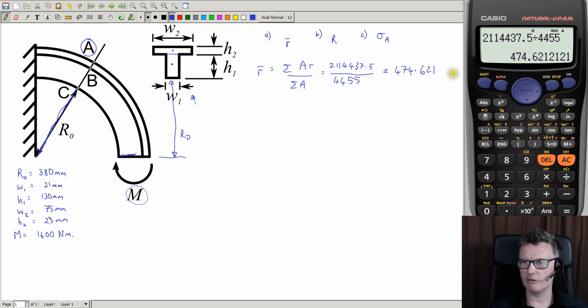How many numbers do I really need? That should be enough. All right, so that's that. So the next thing is we need a formula for how you find the radius of curvature.